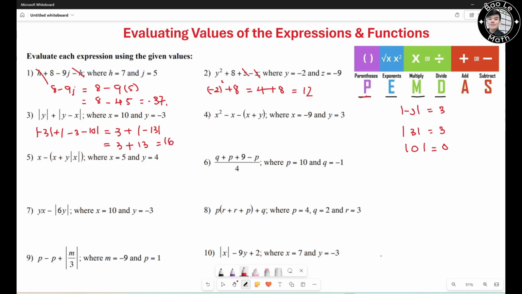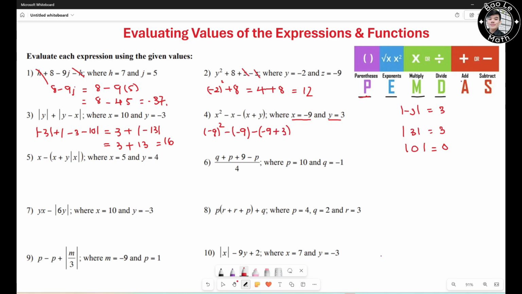Now let's move on to question 4. We need to substitute s equals negative 9 and y equals 3 into this expression. So we have negative 9, don't forget parentheses, squared, minus parentheses negative 9, minus parentheses negative 9 plus 3.